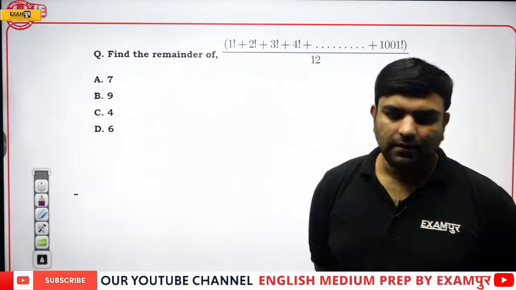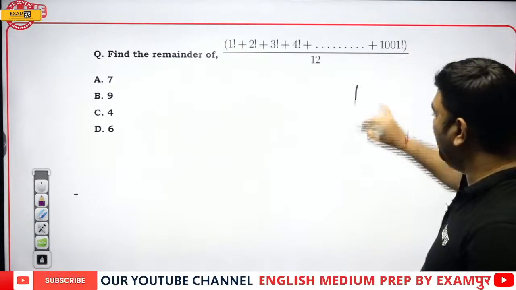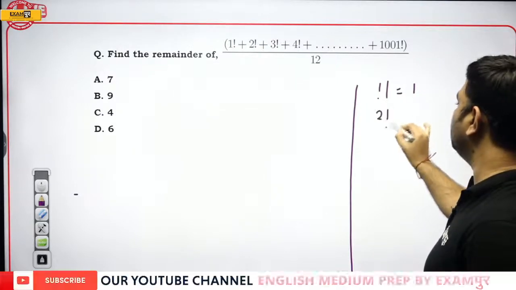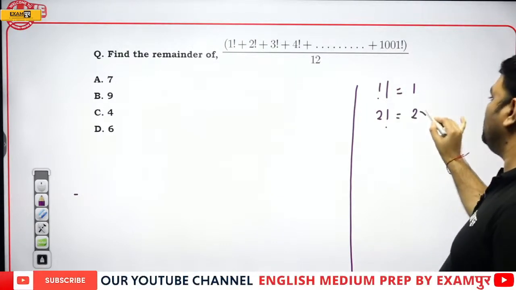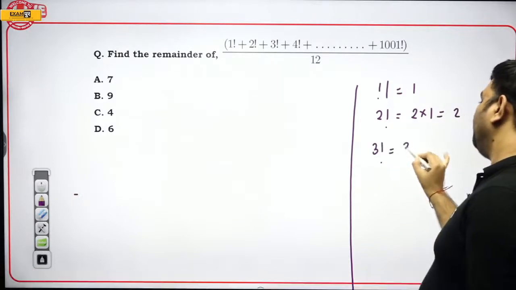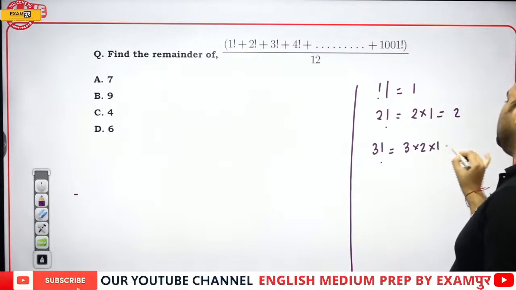Factorial, guys. I believe that all of you have some knowledge of factorial. Factorial 1 is 1. Factorial 2 is 2 into 1, that is 2. Factorial 3 is 3 into 2 into 1, that is 6.